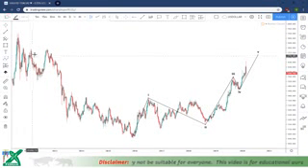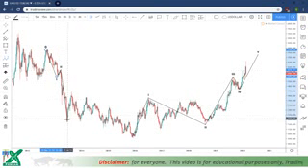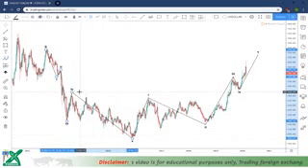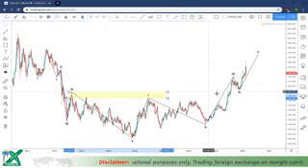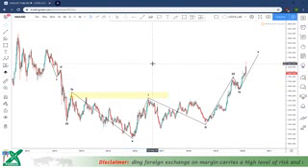We are getting lower low, lower high, lower low, lower high, and lower lows. And after this breakout, we get another trend, which is a bullish market trend in the direction of upside.